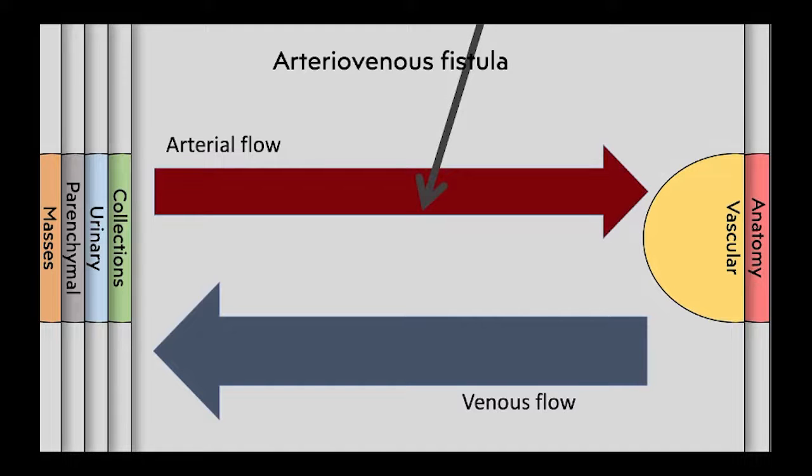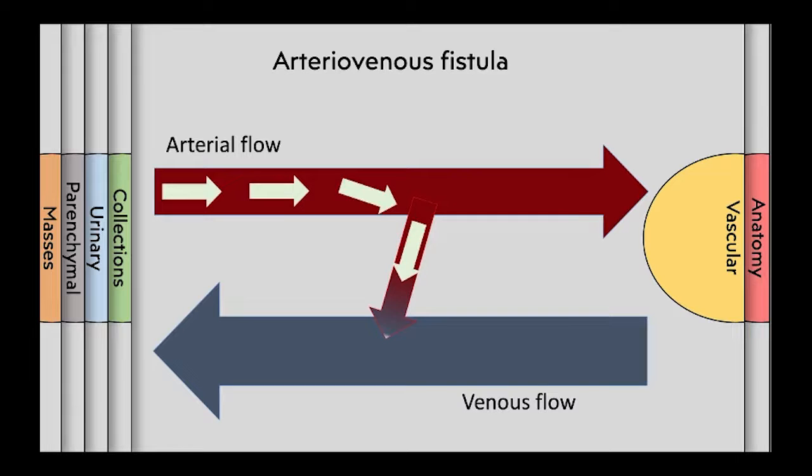Now let's move on to another common vascular complication, arteriovenous fistulas. Almost all of these are iatrogenic, typically from biopsies, in which a biopsy needle creates a connection between the artery and vein, creating a low resistance circuit bypassing the end arterioles.